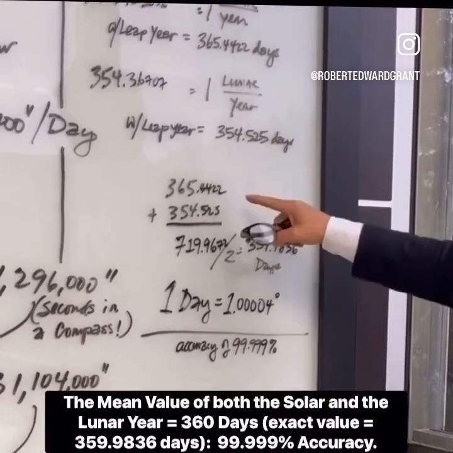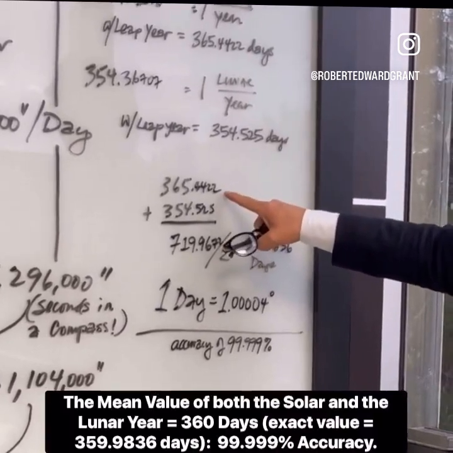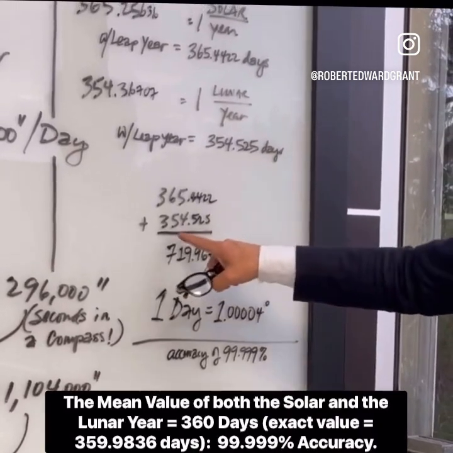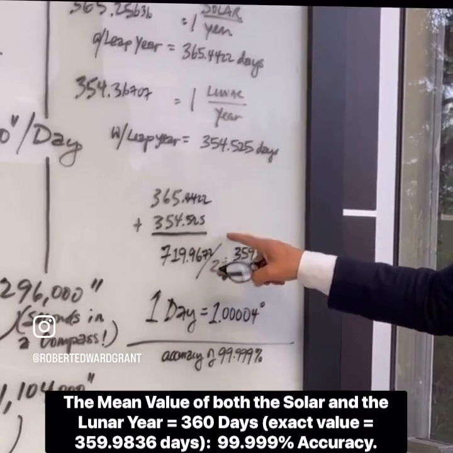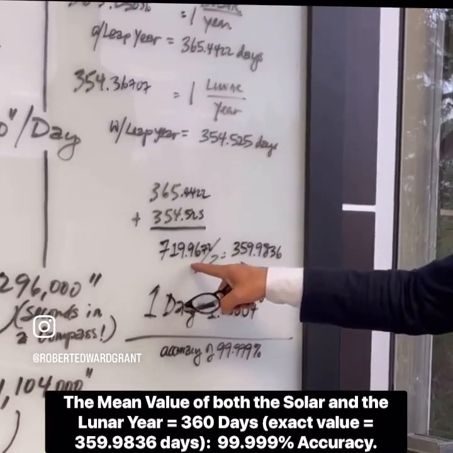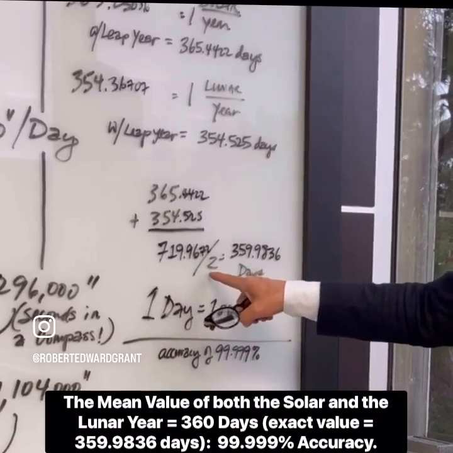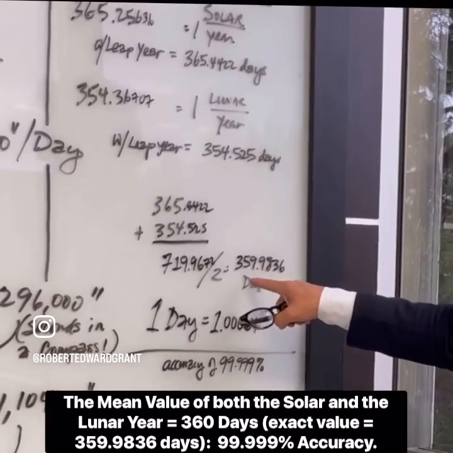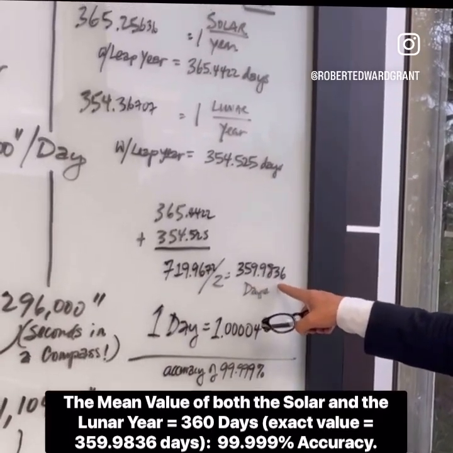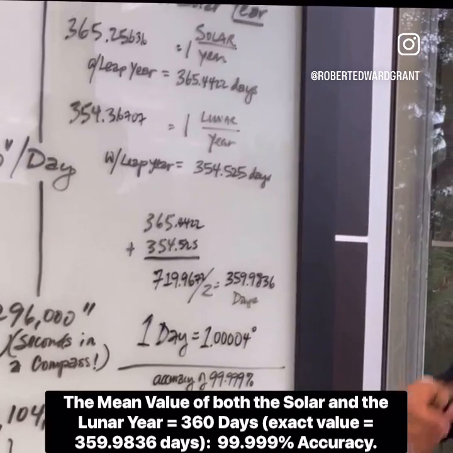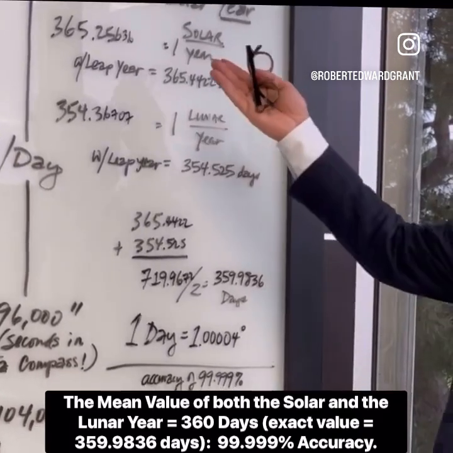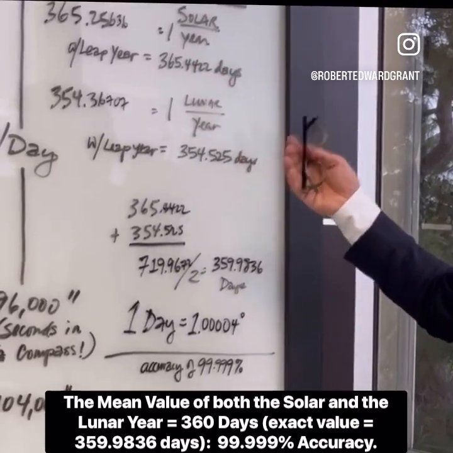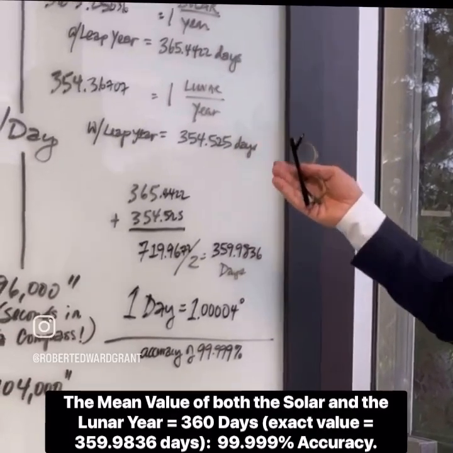So if we now average those two numbers, 365.4422 and 354.525, it gives us 719.9672. We divide that by 2 to get the mean value, and that means that we've got 359.9836 days when we equally weight the masculine, the solar calendar, with the feminine, the lunar calendar.